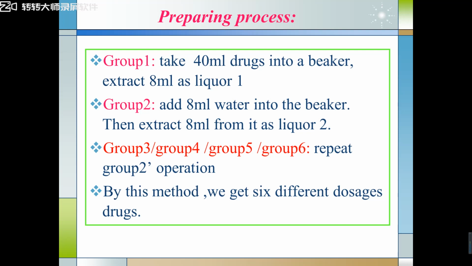So the students in the first group come here and take 40 milliliter of drugs as the total volume into a big beaker. And then the students in the first group extract 8 milliliter of drugs as your drug solution, the first liquid.